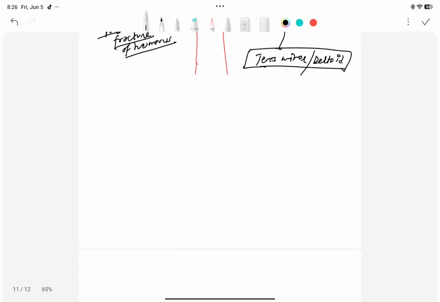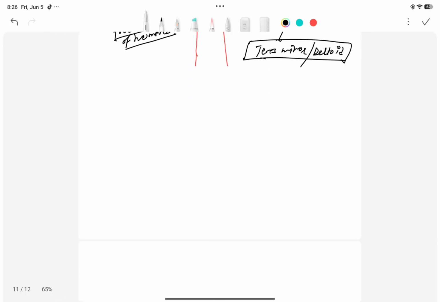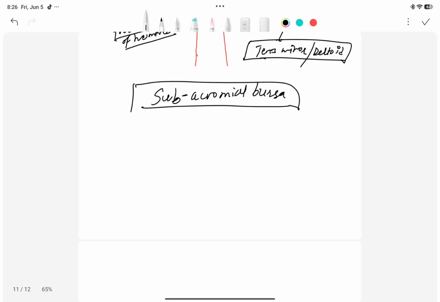Similarly, as I said earlier, bursae are meant for reducing friction. The most prominent bursa in the shoulder joint is the subacromial bursa, the largest bursa in the shoulder joint. Inflammation of this bursa leads to subacromial bursitis.